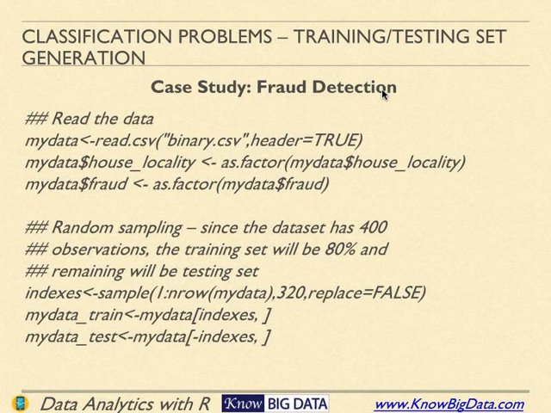Once we do that, we pick up the data and put it in the train. These are some random indexes, and based on those random indexes, we are picking up the data for training and for testing.